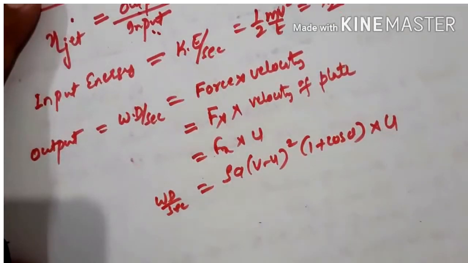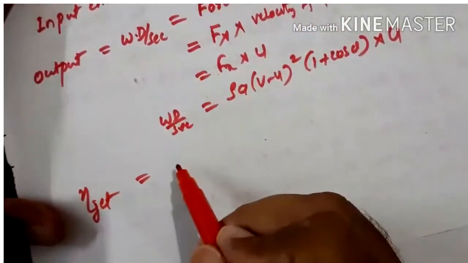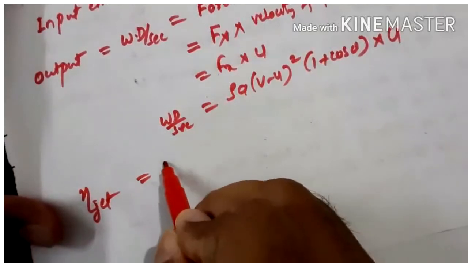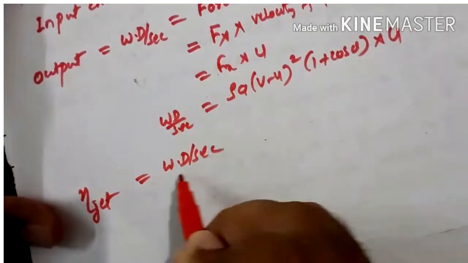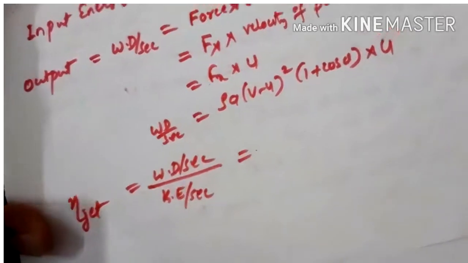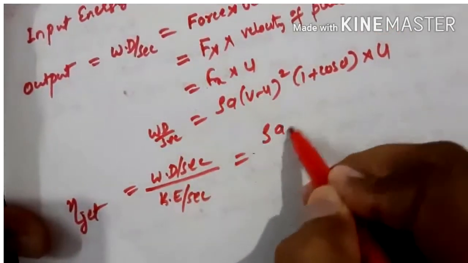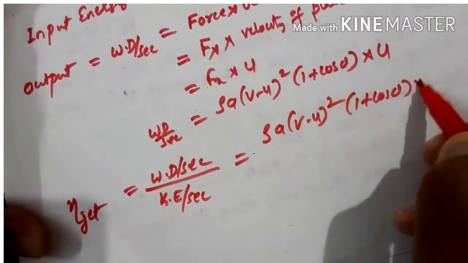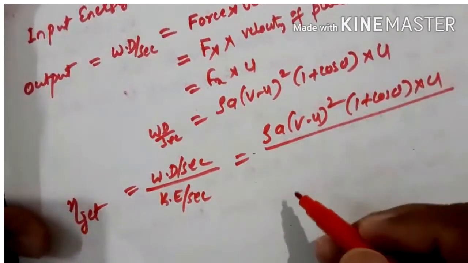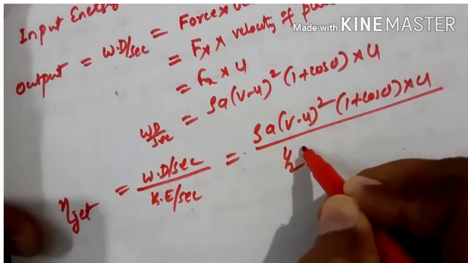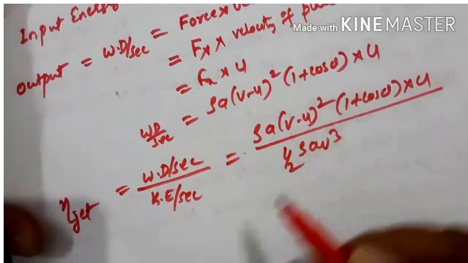Okay, then the efficiency of the jet can be calculated. Substitute here, that is work done per second divided by kinetic energy per second. Then rho a (v minus u) whole square (1 plus cos theta) into u divided by half rho a v cube, the kinetic energy.